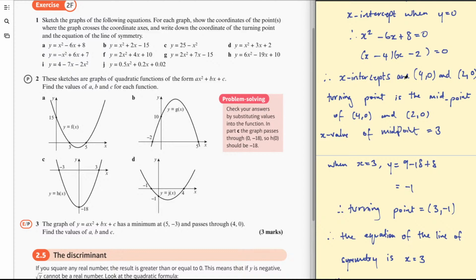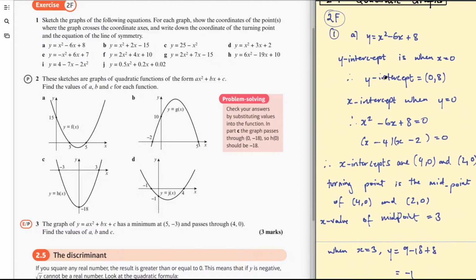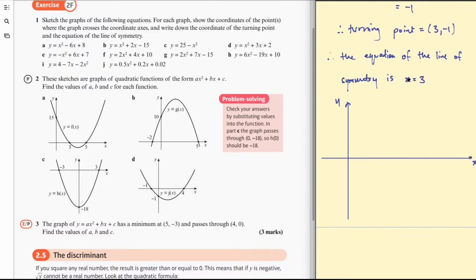So my x-intercepts were 2 and 4, and my y-intercept was 8. Okay, so my scales are going to be different there, but that's fine. This can be 2, this can be 4. And then I'll go up by 2s on the y-axis. So this is 4, this is 8.